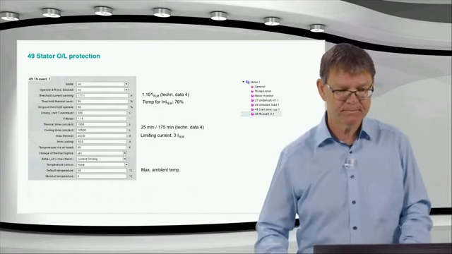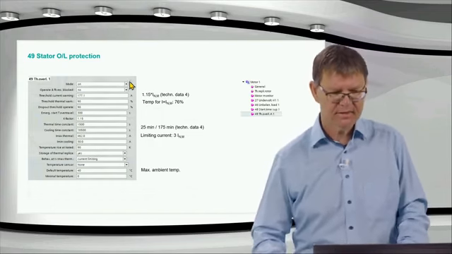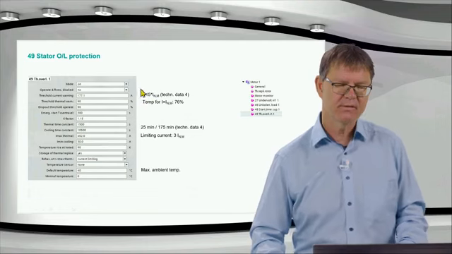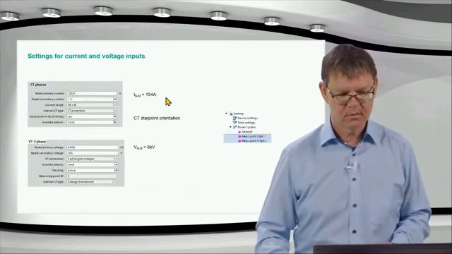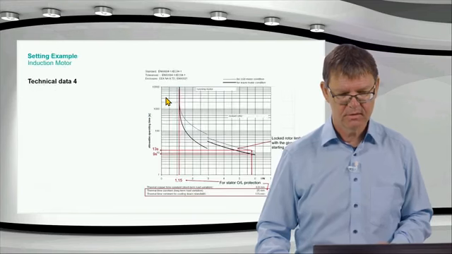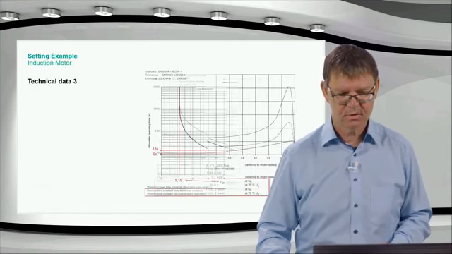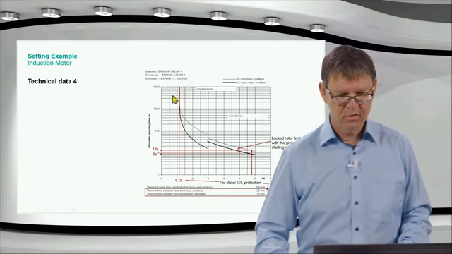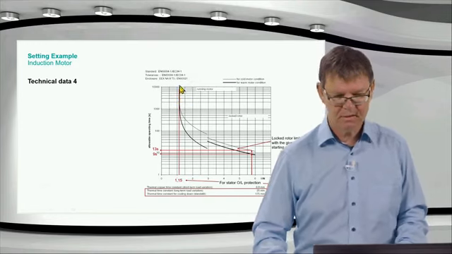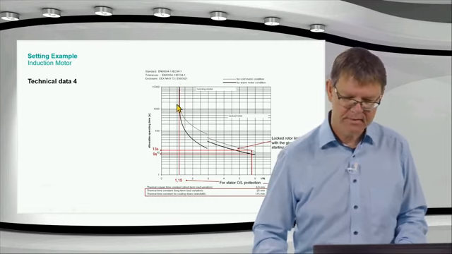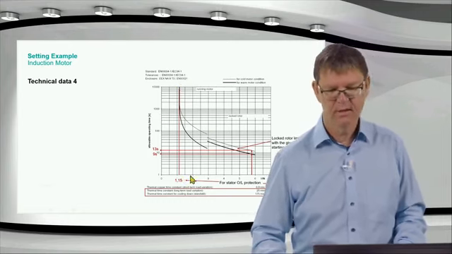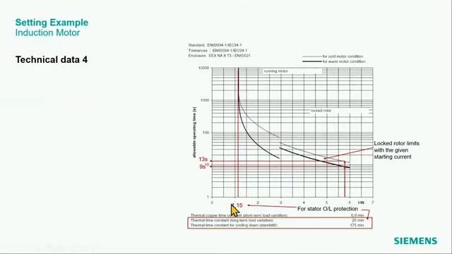Stator overload protection. Here I get this from the technical data, out of the curve. Let's go back a little bit. Yeah, this curve here. If you look at the permanently allowed temperature, the current, then you come to a value of 1.15.